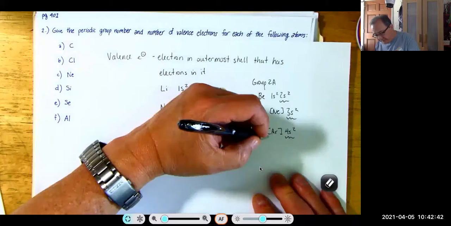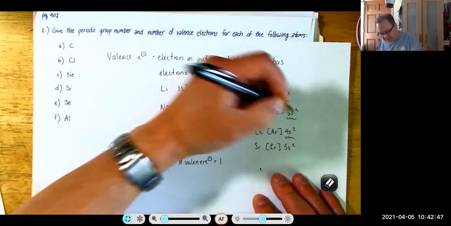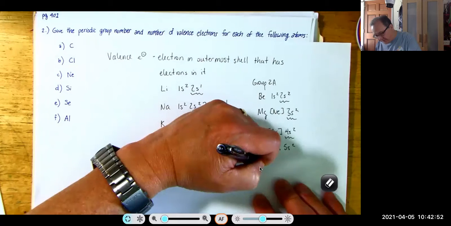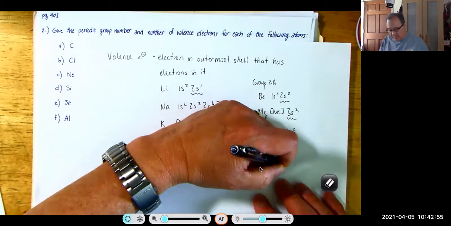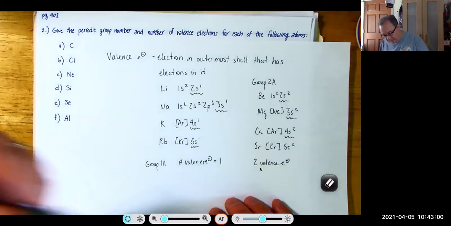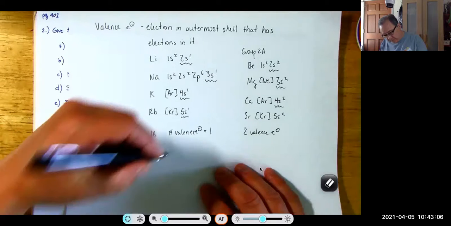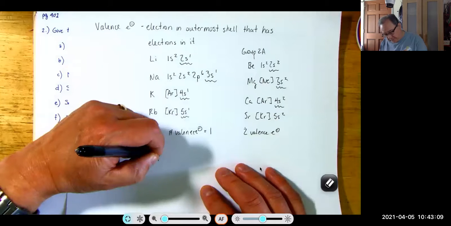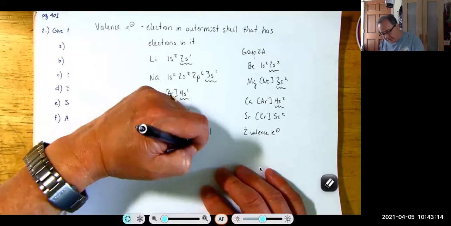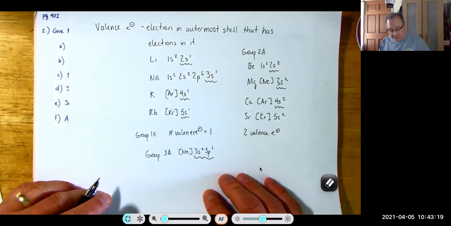And strontium, which would be krypton, 5s2, has 2 valence electrons. So for group 2A, you get 2 valence electrons. Now, in group 3A, if we just look at aluminum, which is neon, 3s2, 3p1, we have 3 valence electrons.